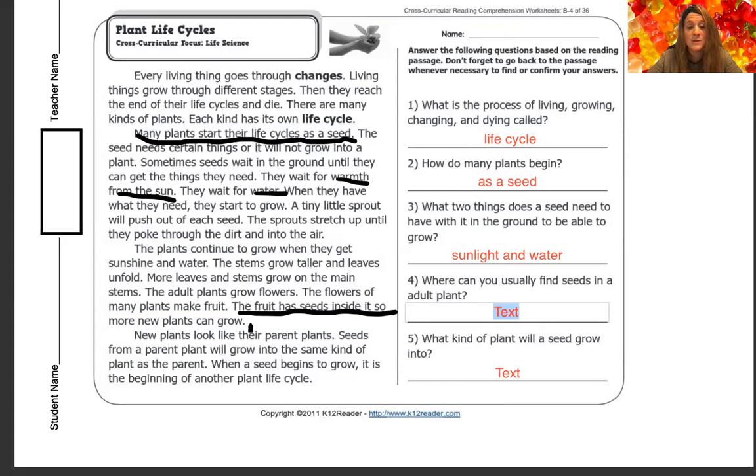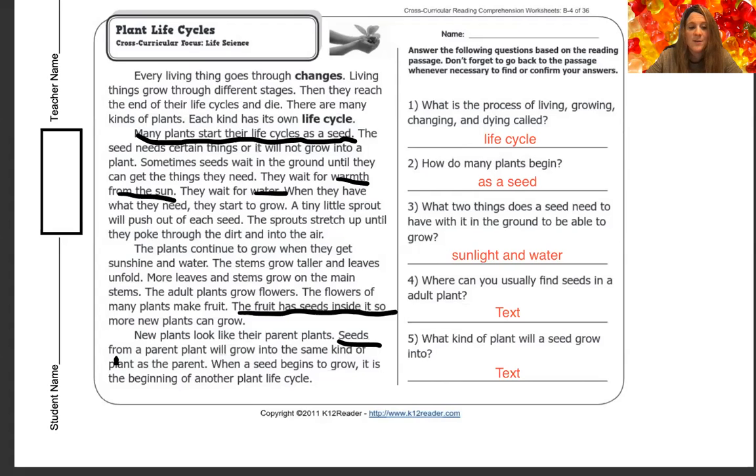Okay, I underlined over here. Question 5 says, what kind of plant will a seed grow into? Good. It's right here. Good job, guys.